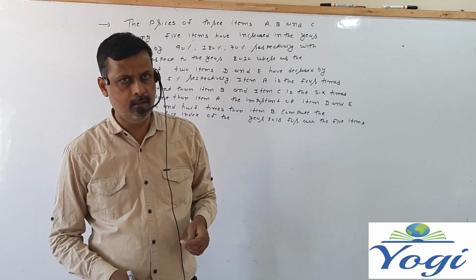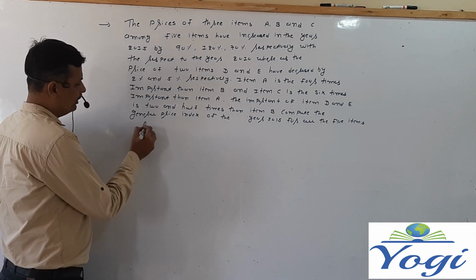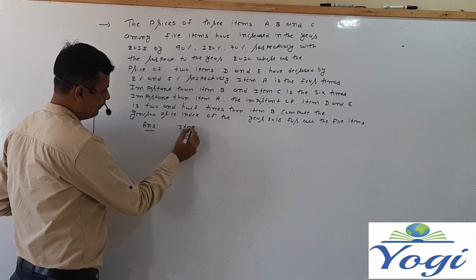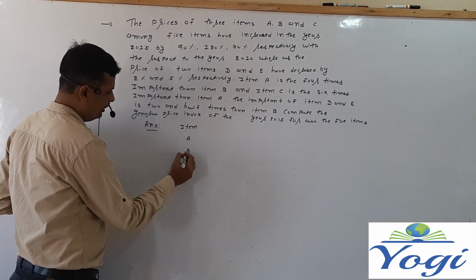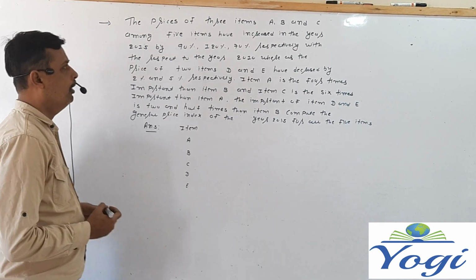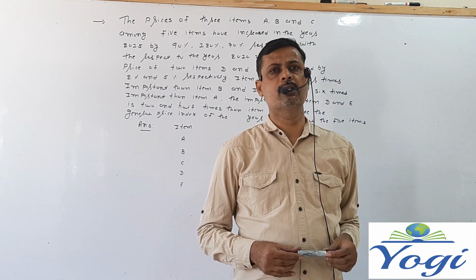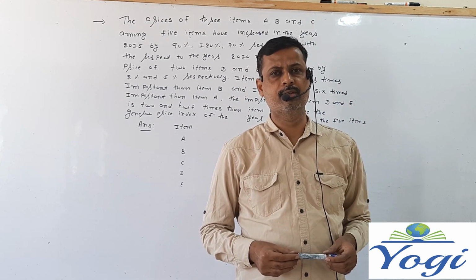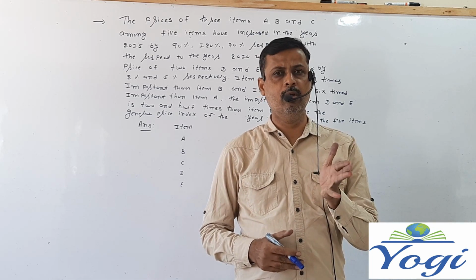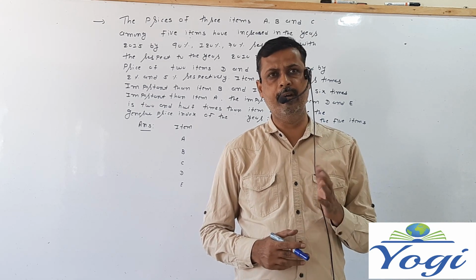So in this example, we have 5 items: A, B, C, D and E. Now the prices of 3 items A, B and C have increased compared to the year 2010, and as we all know, the base year index is always 100.